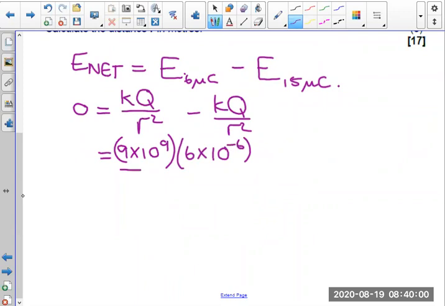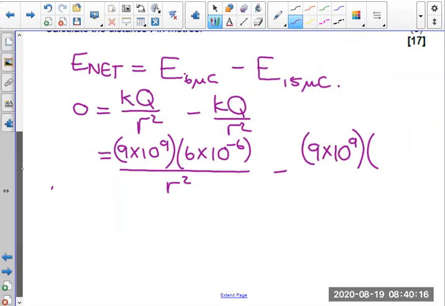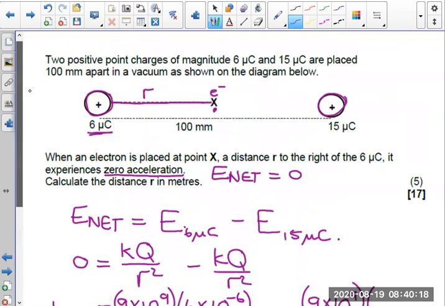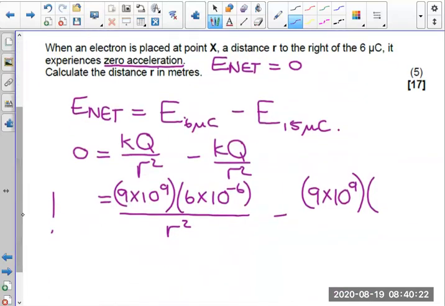Now, divide by, and we want to know R. And then minus, and then we have 9 times 10 to the power of 9. The Q that we use is then 15 microcoulomb. 15 times 10 to the power of minus 6.